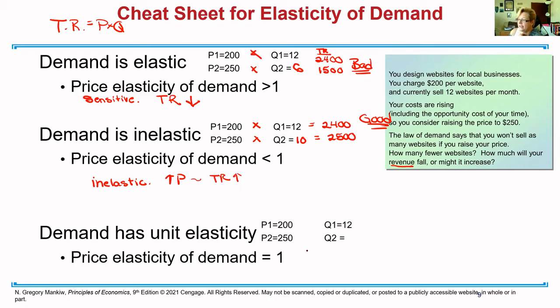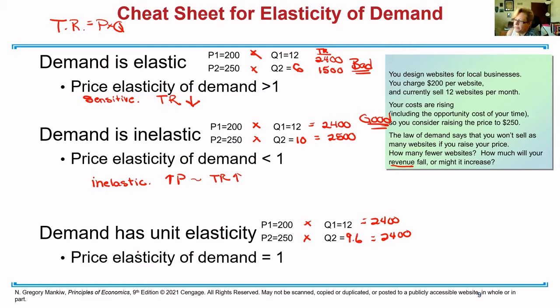Okay? Now, price elasticity of demand has to be, we have to drop this by some weird little point. But basically what would happen is 200 times 12 is 2,400. Let me see what I can come up with exactly. Let's see, 2,400 divided by 250. Okay, we end up with 9.6 customers.